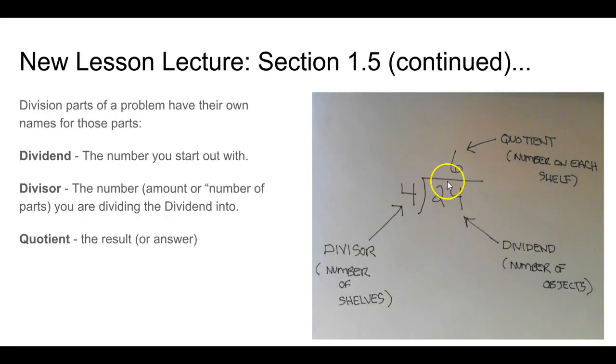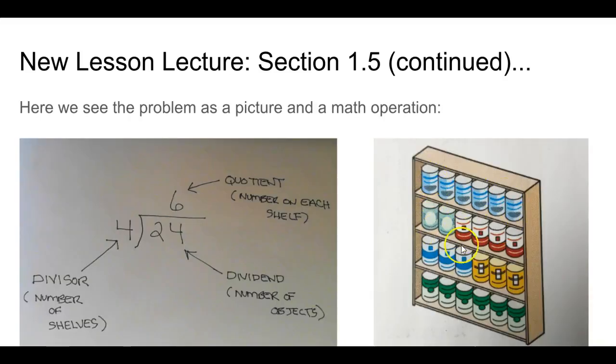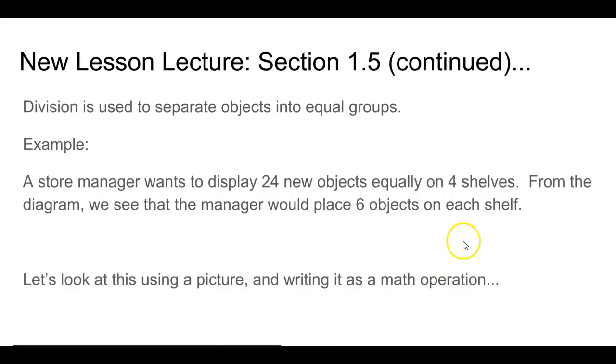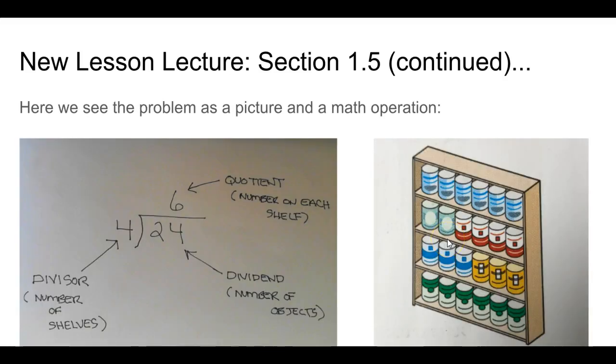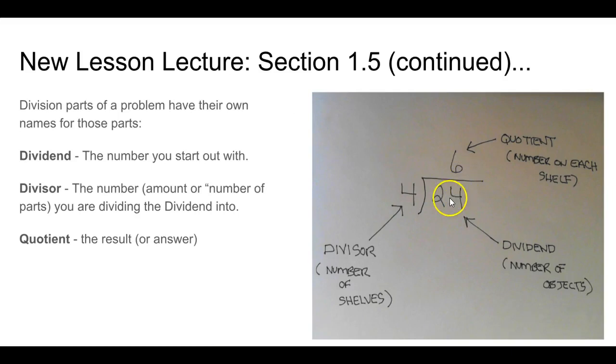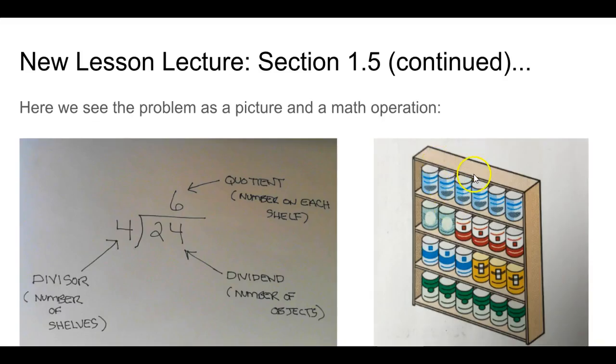Okay, so 24 is the number that we start out with. The manager has 24 cans in total. Now what he wants to do is take this and divide it equally. And so this shelf here happens to have 4 shelves. So he wants to take the 24 cans and set them up and separate them equally on each shelf.